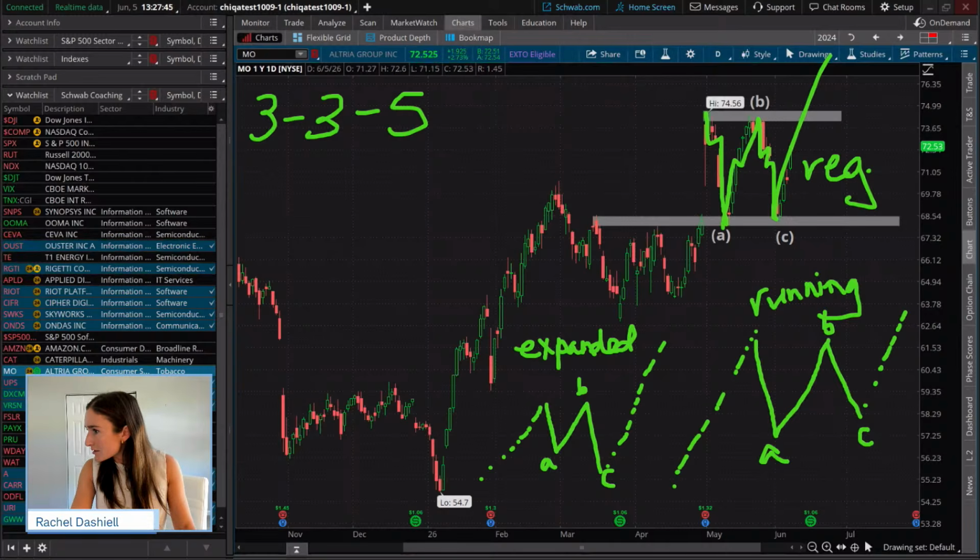And then let's see if we have any other ones. So a running flat looks like an ascending triangle. Maybe a little bit, but we're going to get into triangles, and you'll actually see the different types of triangles there, and that's where you'll see a true triangle.